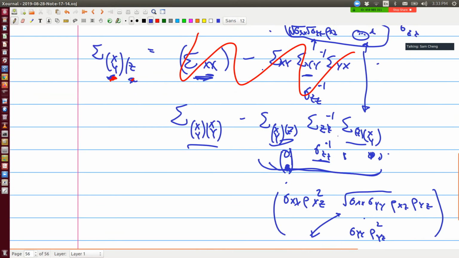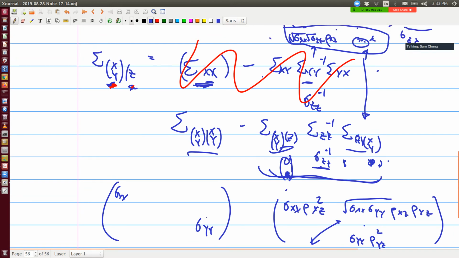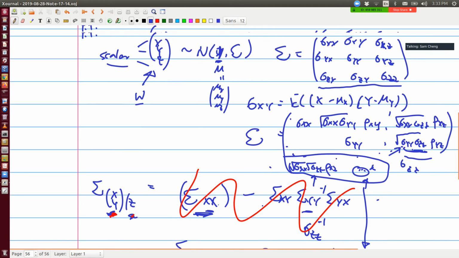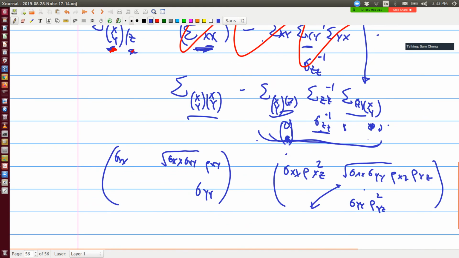So I have this is sigma xx sigma yy, and that one is sigma xx sigma yy square root rho xy. From here, yy xy. And then this here is the same.